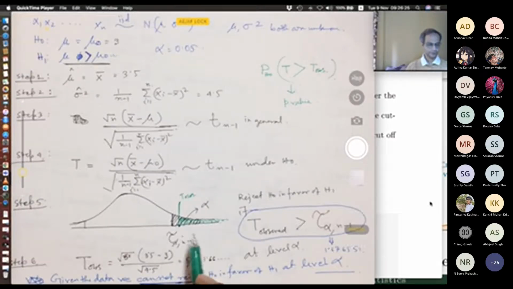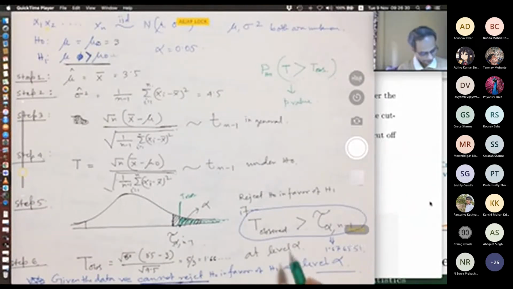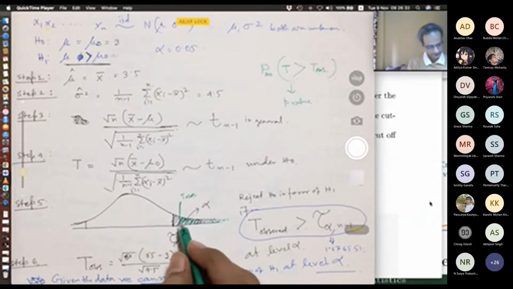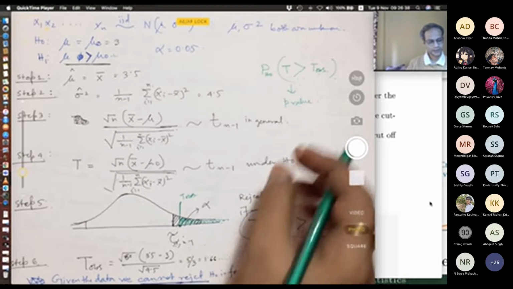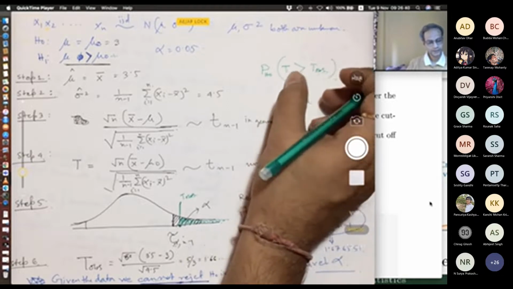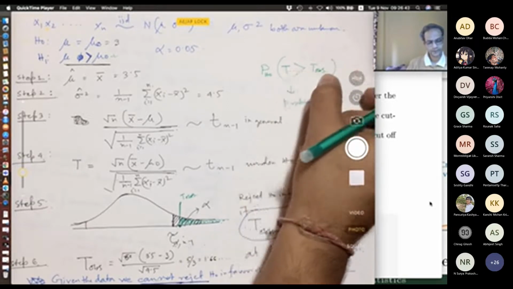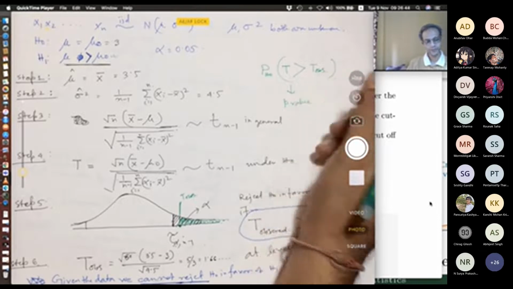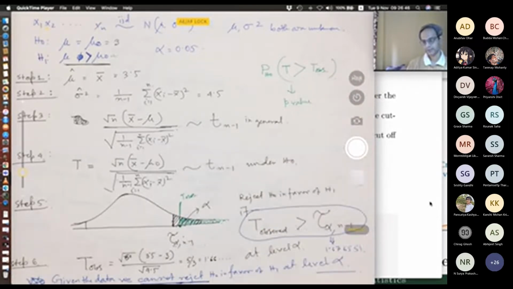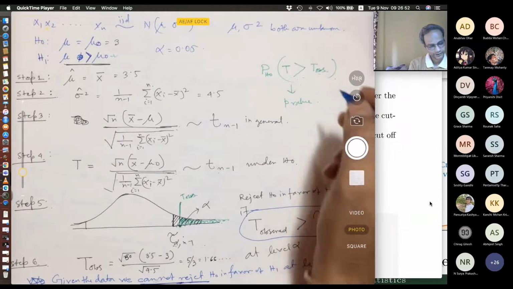Less than. If this observed value of t is larger than t alpha, and you calculate the probability that t is greater than t observed, this value will be less than alpha, right? Yes, sir.